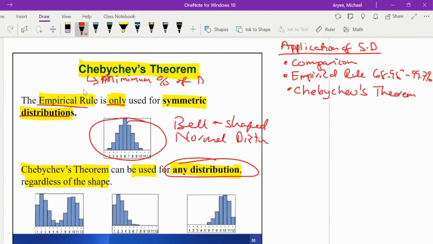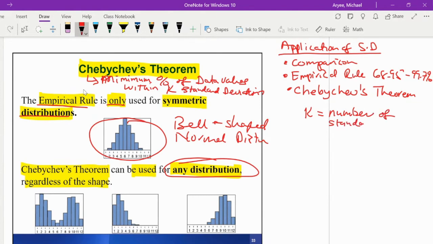So Chebyshev is looking at the minimum percentage of data values within k standard deviations. So it's looking at what is the minimum percentage of data that lies within a certain k number of standard deviations. Here, k is the number of standard deviations.